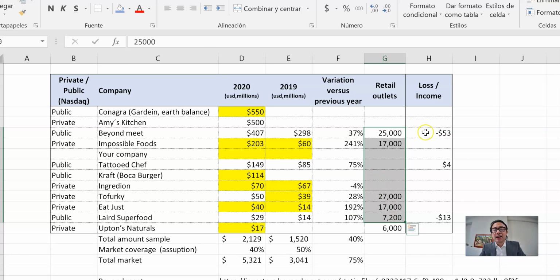However, they are reporting losses in the financial report because they are making huge investments in hiring new people, new members to administrate the structure, because they are assuming that the sales will grow much bigger in the future than this year. So my conclusion is that the market is growing.